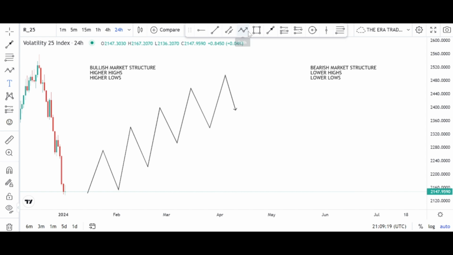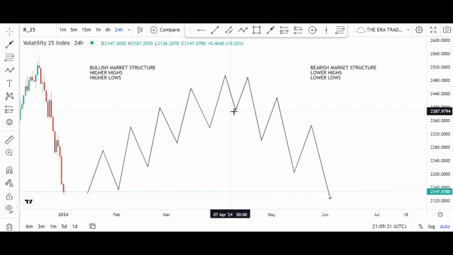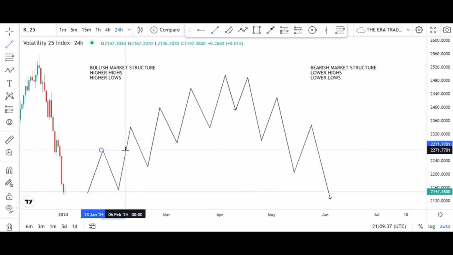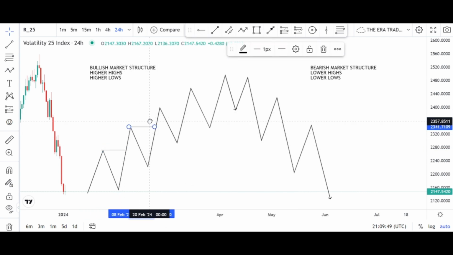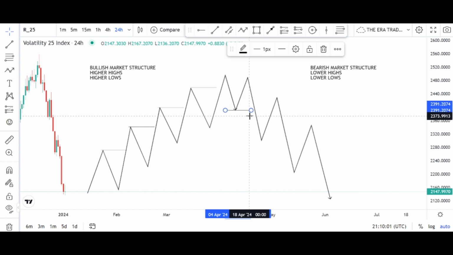Until there's a shift in market structure, bearish, when the market now starts taking out the lows. If you notice, the market was taking out the highs, uptrend, taking out the highs, until this point where it took out the low.